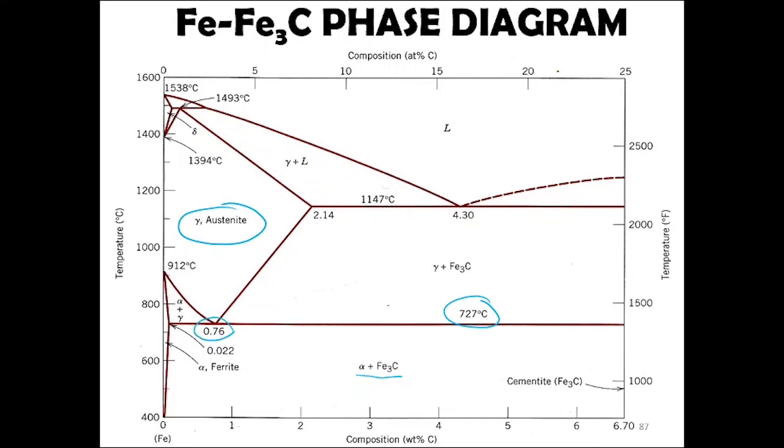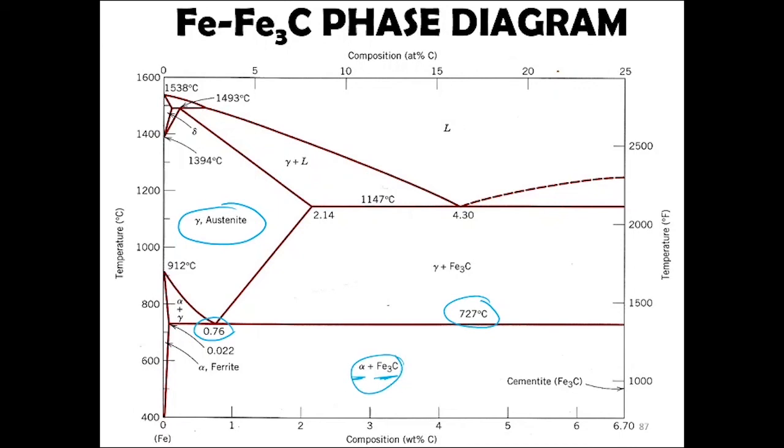Pearlite is a laminated structure, or lamellar structure, formed of alternate layers of ferrite and cementite. In most steel, the microstructure consists of both alpha plus cementite phases, or we call it pearlite.